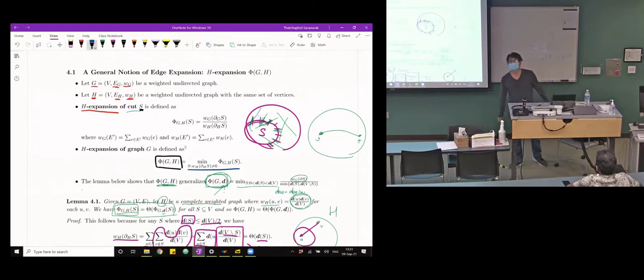Just so I remember, is there a significant difference between the edges and weights in G and H? Is there any pattern to how they're different? Yeah, G and H are two different graphs, just sharing the same set of vertices.